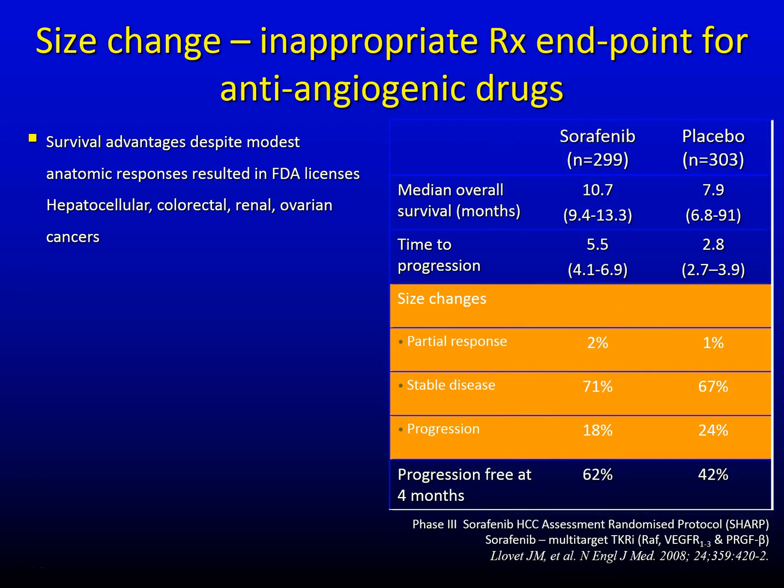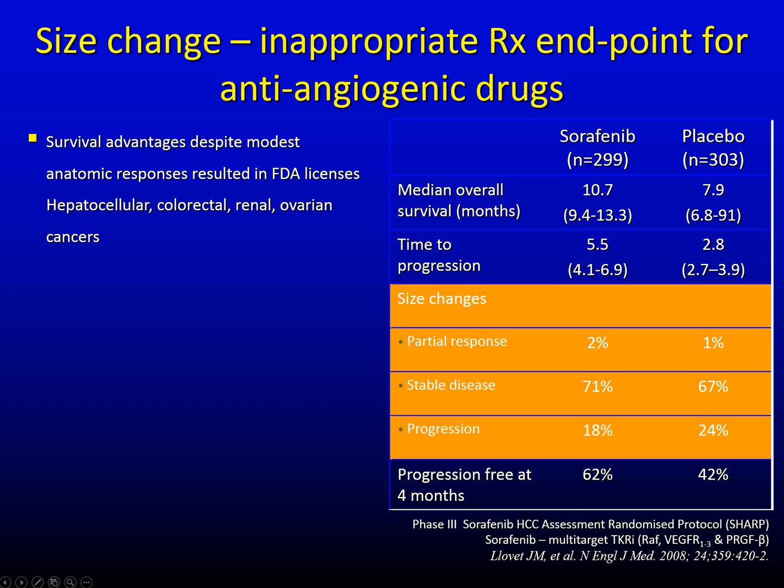The fact that size change is an inappropriate endpoint for anti-angiogenic drugs has been noted for a number of tumors. So for example, on the right hand side we can see the data on sorafenib, which led to the licensing of this drug.